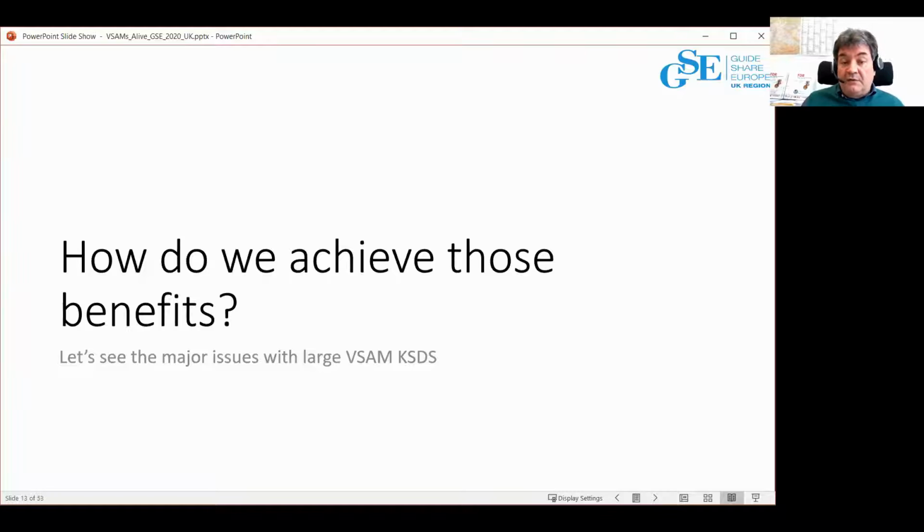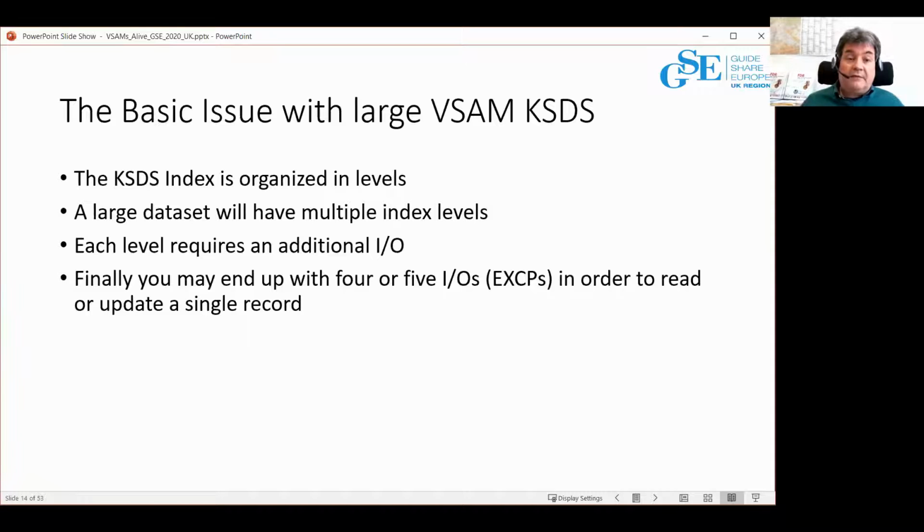So how can we do this? Well, in order to explain this, we have to have a look first: what is the issue with VSAM, in particular for large VSAM datasets? The KSDS dataset requires an index.